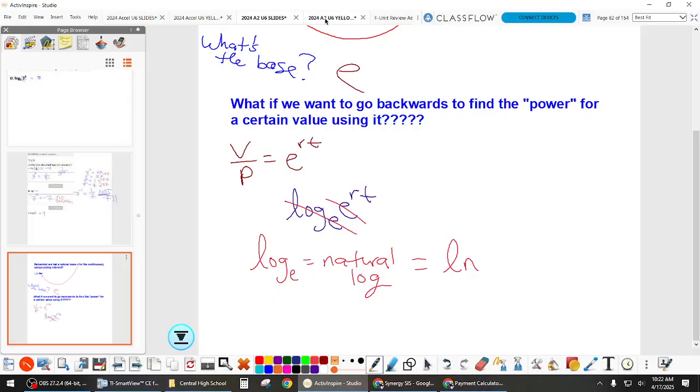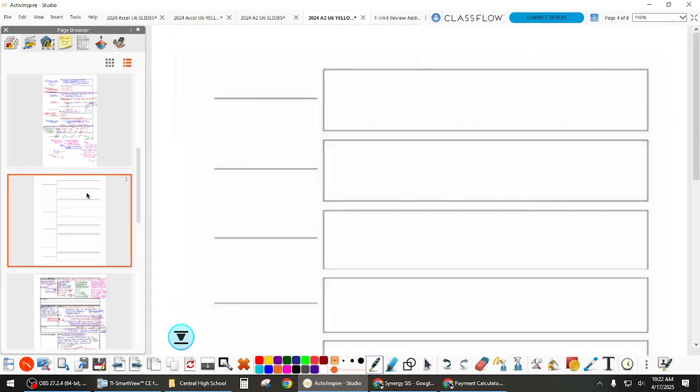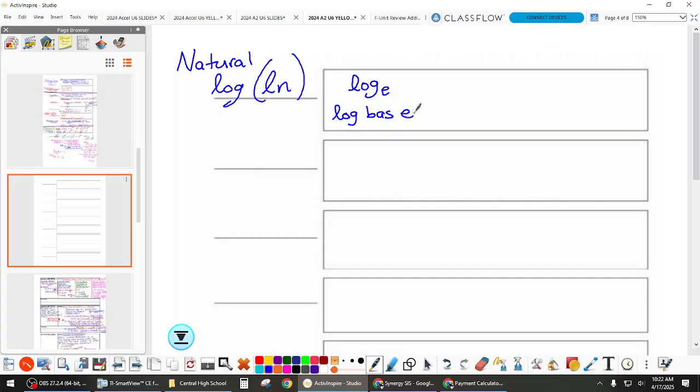On your notes, I want this to be quickly referenced. So natural log is ln, and we'll just basically write what I just had: log base e.